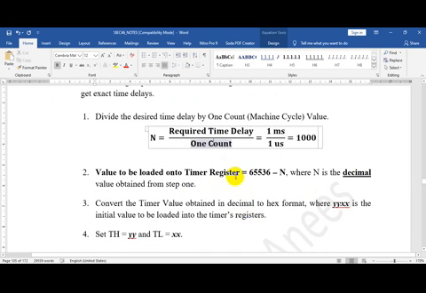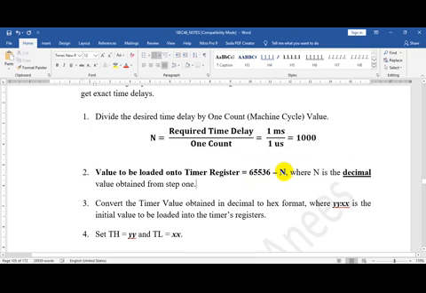Second step, the value to be loaded into the timer register is equal to 65536. Remember, it is 36, not 35. So it is 65536 minus n.